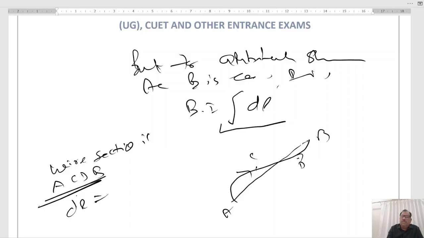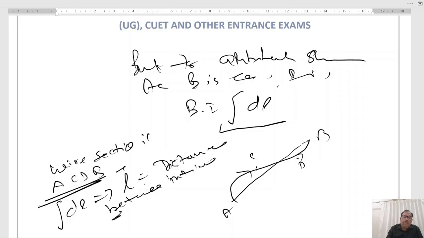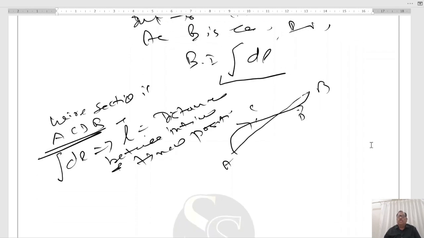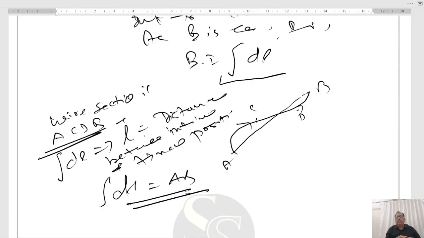Integrating dL gives L, that is the distance between the initial and final position. Therefore, here the integral of dL will be equal to AB.